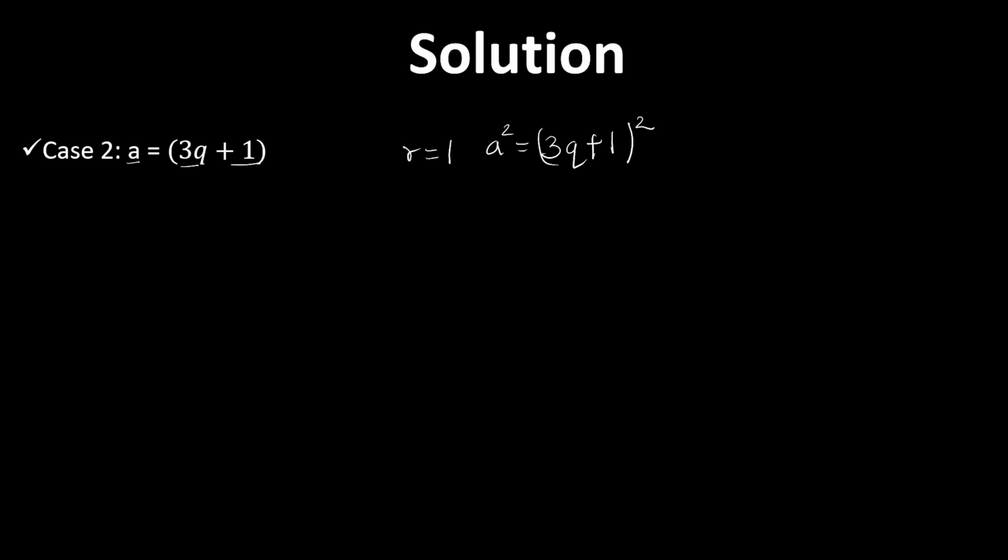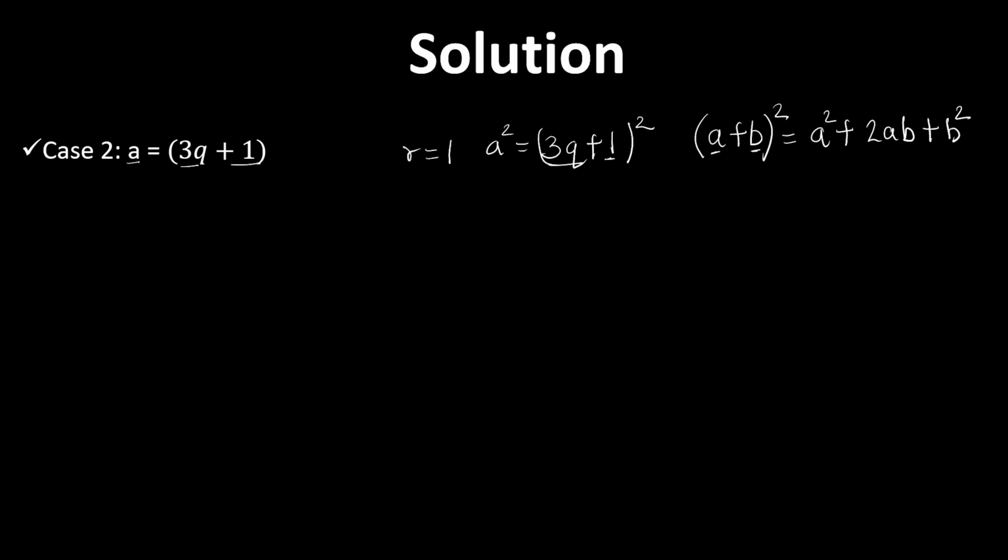Now, how to evaluate this? So we will be using the a plus b whole square identity, which says a square plus 2ab plus b square is the expansion of this. Now over here, if we compare 3q plus 1 whole square with a plus b whole square, our a over here is 3q and b value is 1.